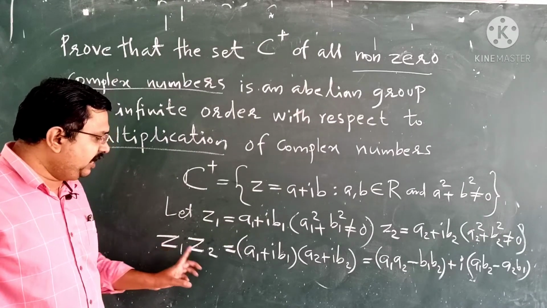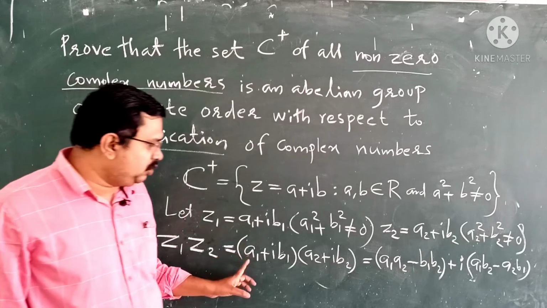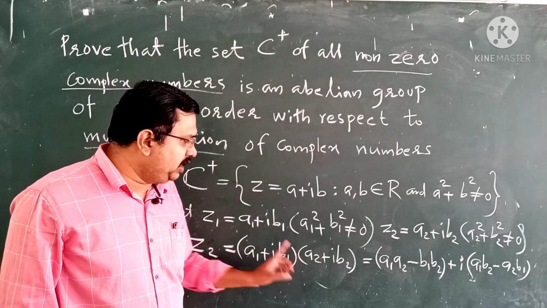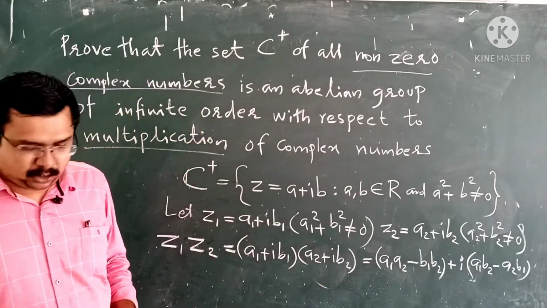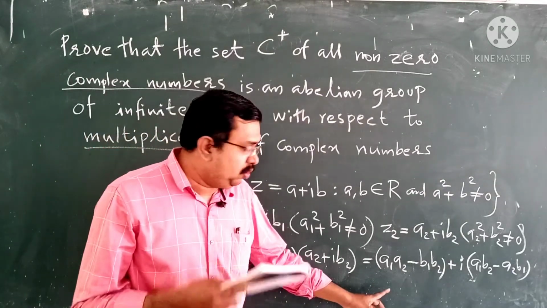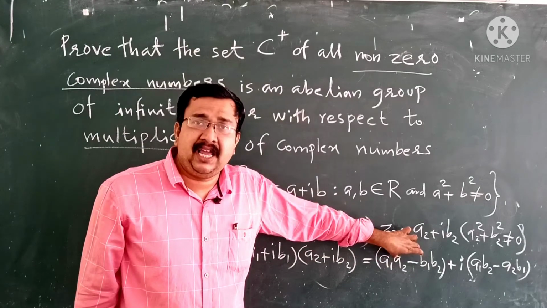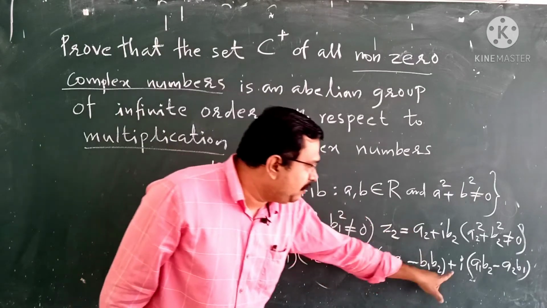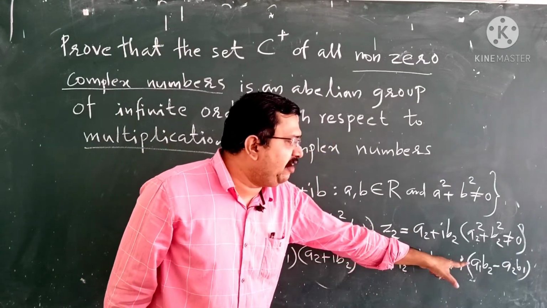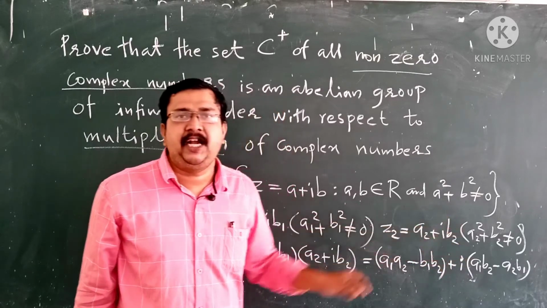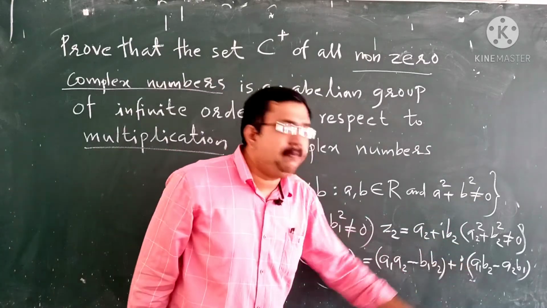A1 A2 minus B1 B2 is the real part of the complex number, and A1 B2 minus A2 B1 is the imaginary part.